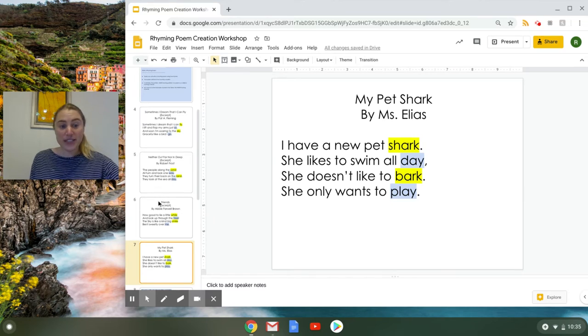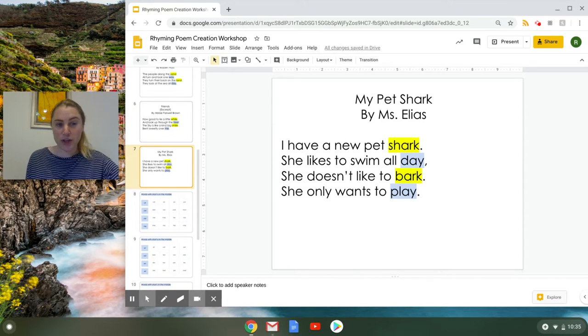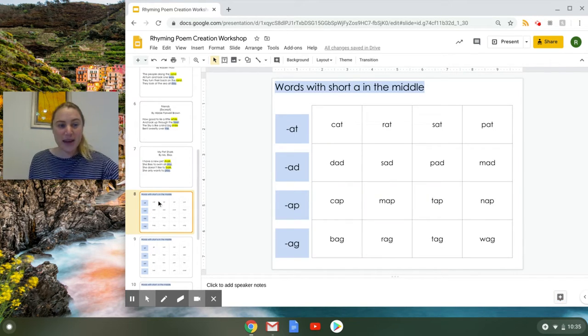So now it's your turn. So you can open up this document. It's shared with you in the lesson grid. And I put some ideas. So the first page, we have words with the short A sound in the middle. So that we have words that rhyme with at and ad and app and ag.